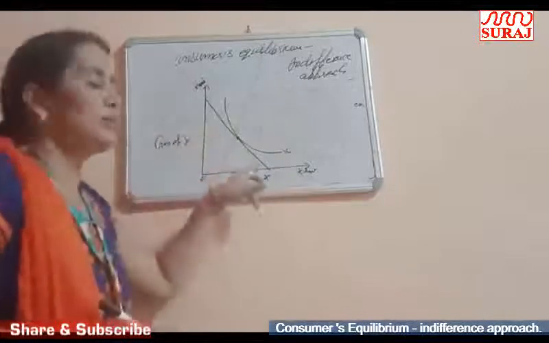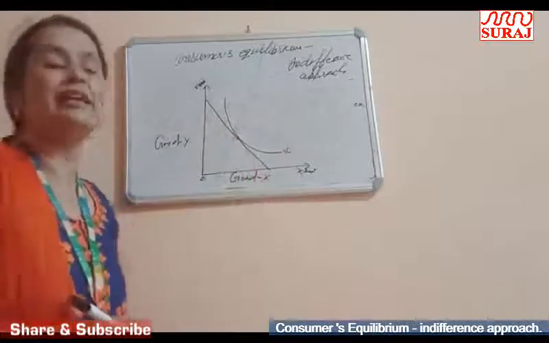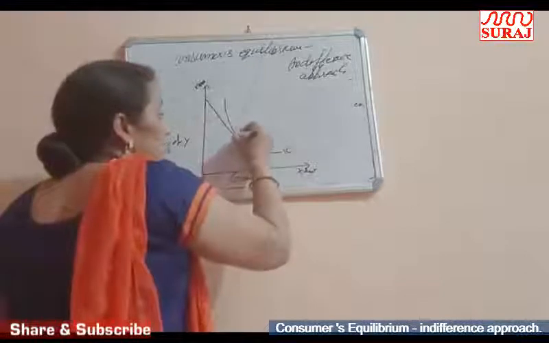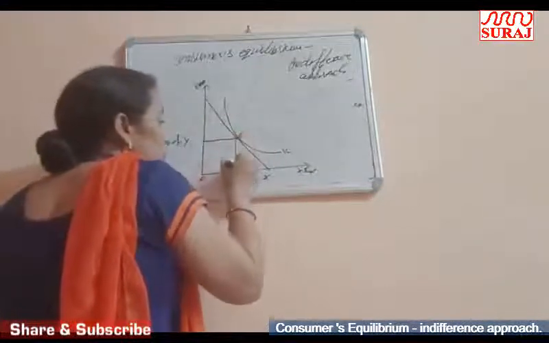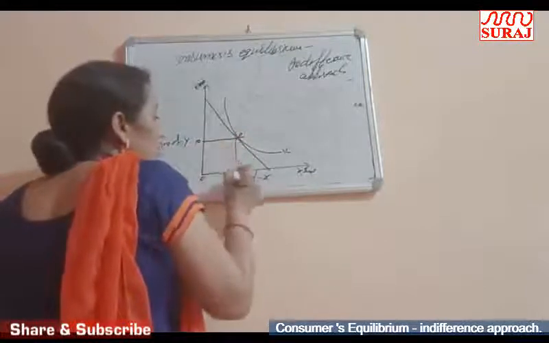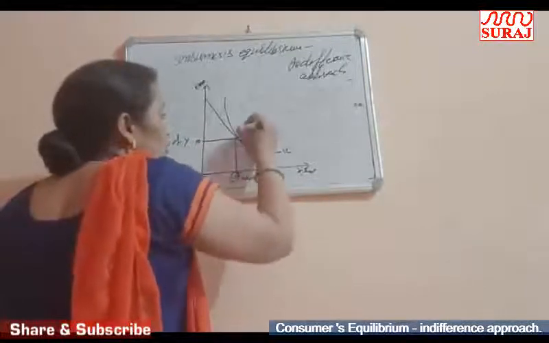The budget line and the IC intersect each other at point E, where the consumer purchases 10 units of good Y and 5 units of good X.